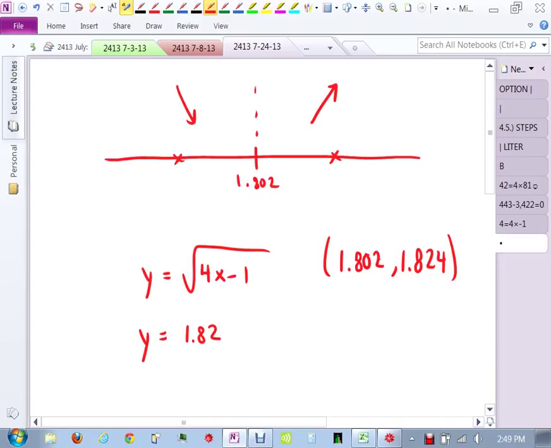Yeah, I did. 4 times 1.802 minus 1, square root of that. 2.49? We're about to find out if this is right. How am I going to find out it's right? There's a couple of ways I can do it.